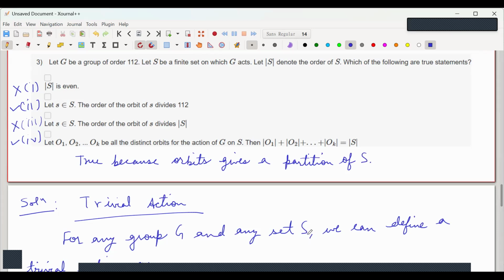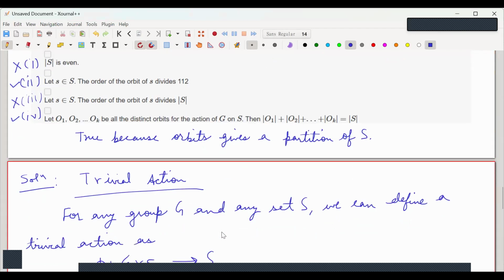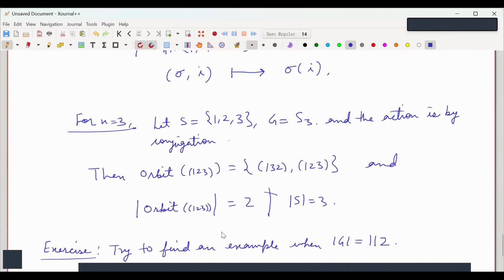So whatever action you have, whatever set you have, whatever group you have, the distinct orbits always partition the set. So their orders will add up to the order of S, right? I hope that is clear. If there is any doubt, please ask me. Okay, so we can move to the next part now.